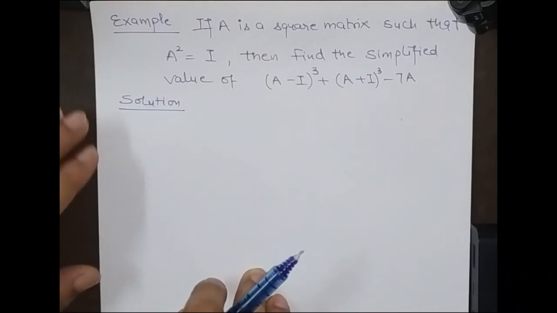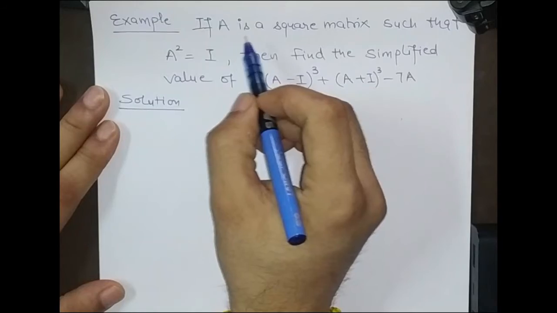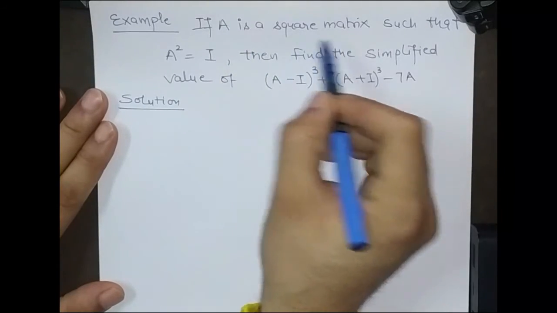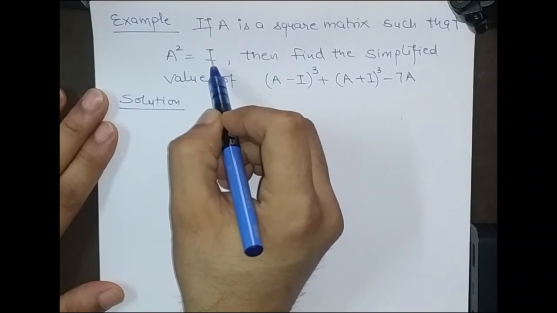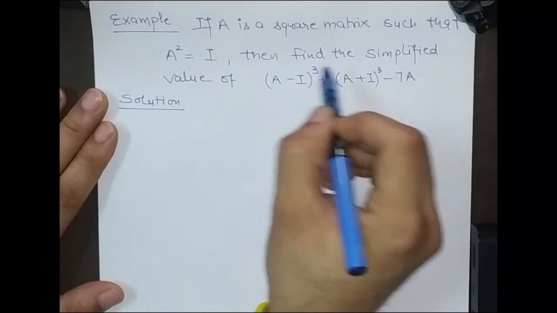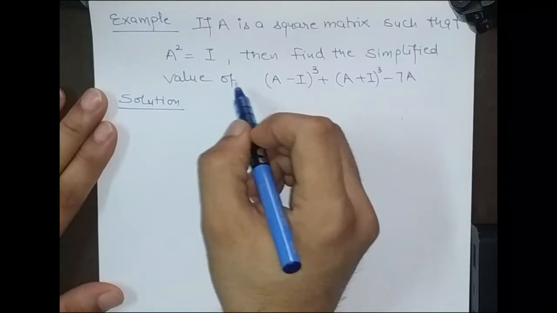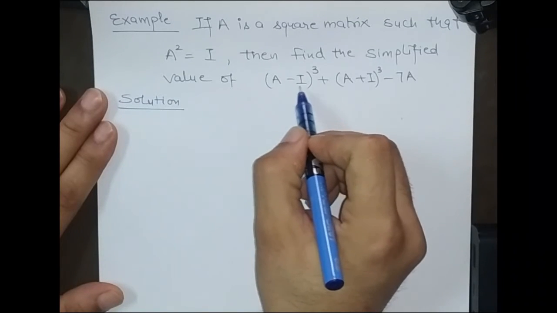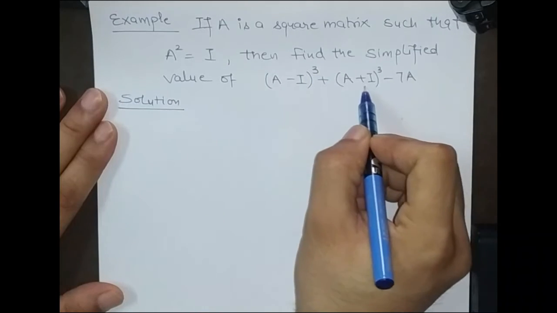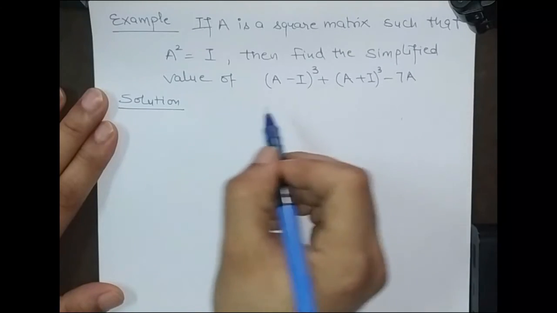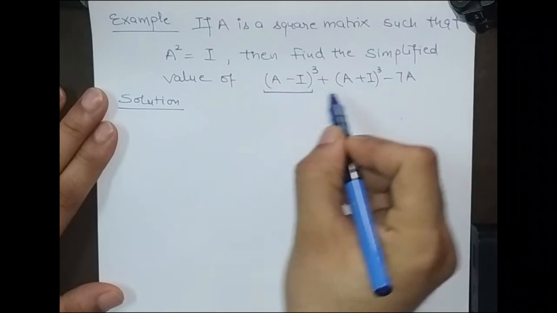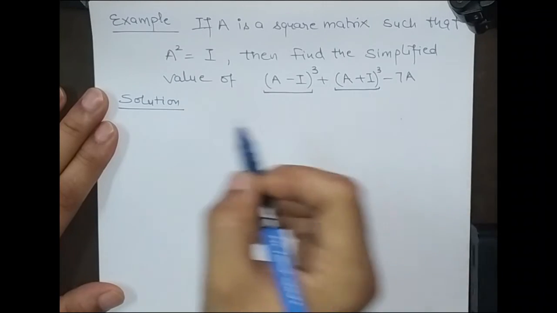Now the next example. If A is a square matrix such that A square is equal to I, where I is an identity matrix, then find the simplified value of (A minus I) whole cube plus (A plus I) whole cube minus 7A. Here we will follow two algebraic formulas.